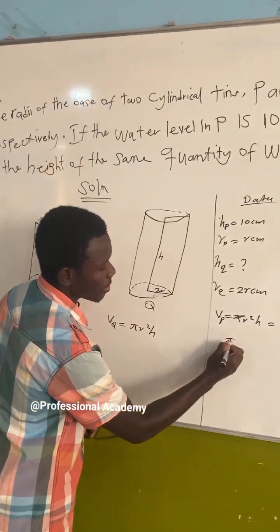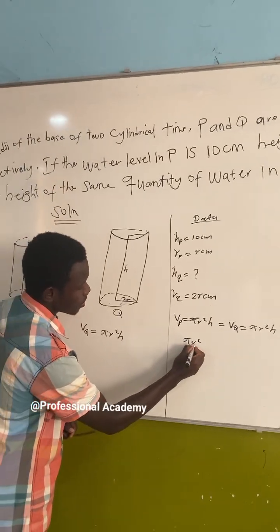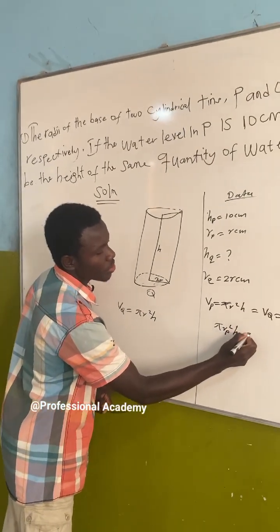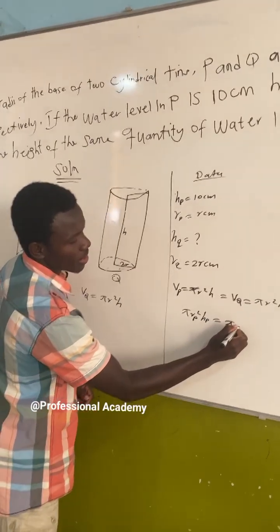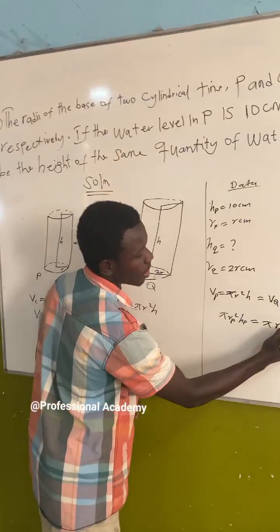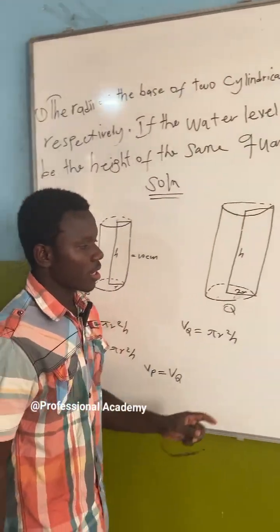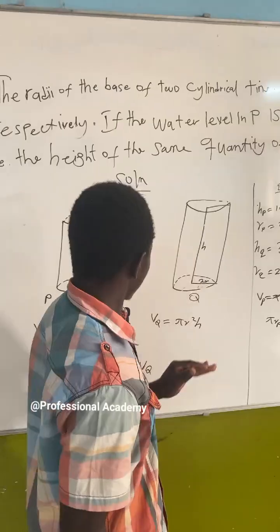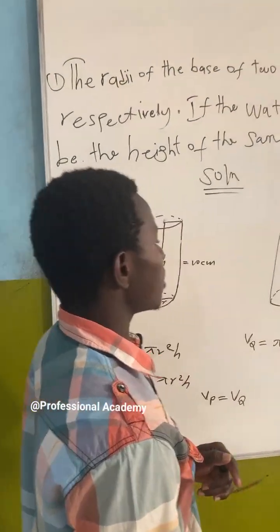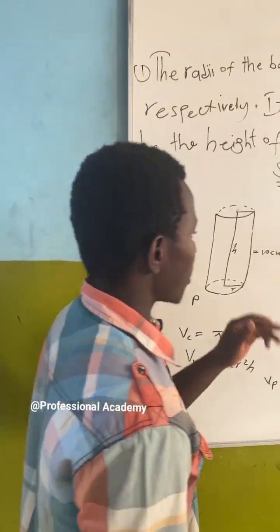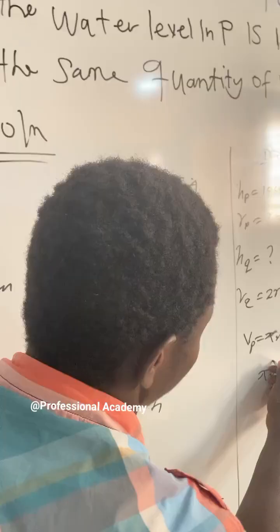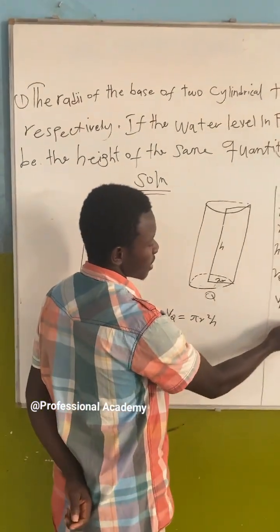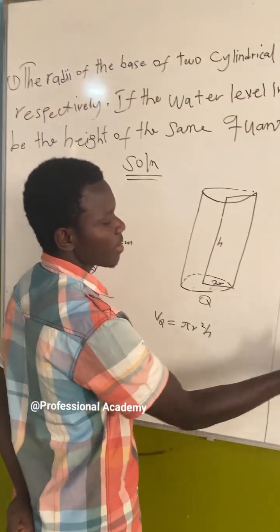If we equate them, we use the radius of P squared times the height of P, equal to pi, then the radius of Q squared and the height of Q. Before we put the values, you can see that pi and pi will cancel, because there is pi here and pi here.